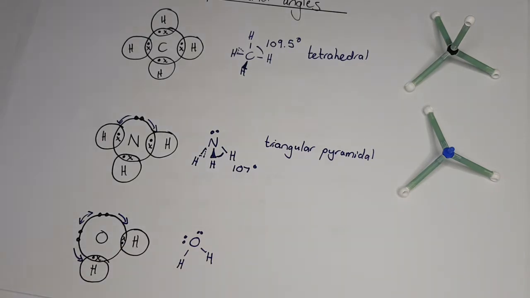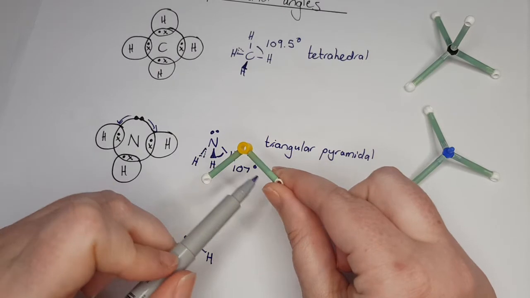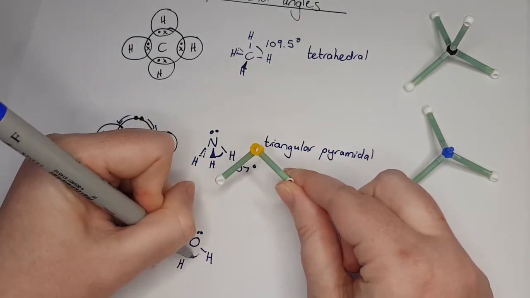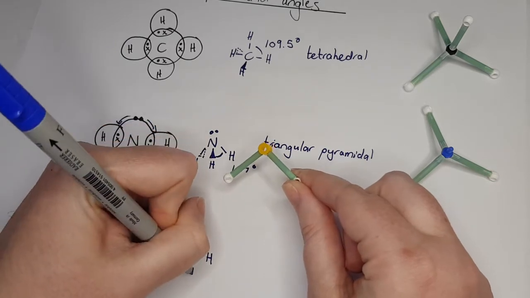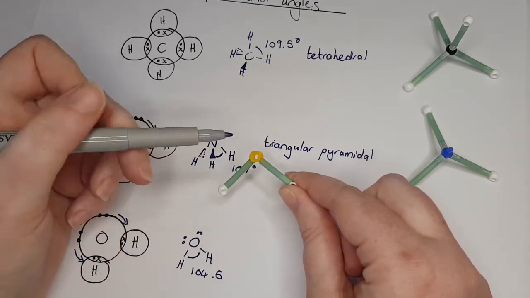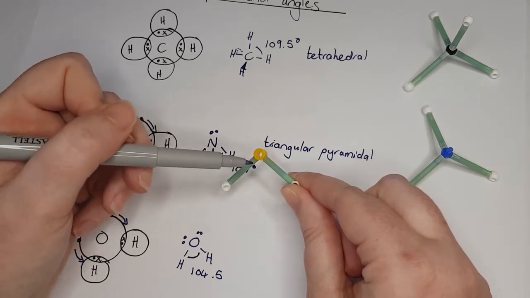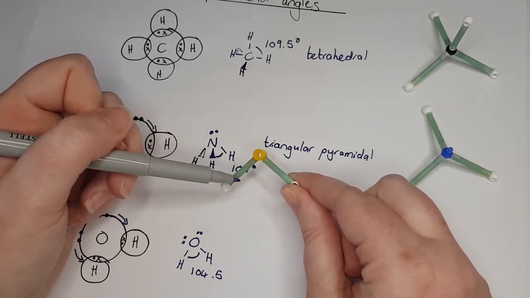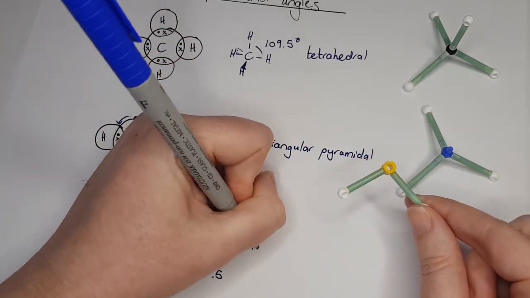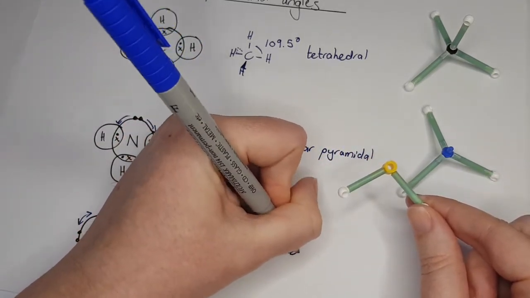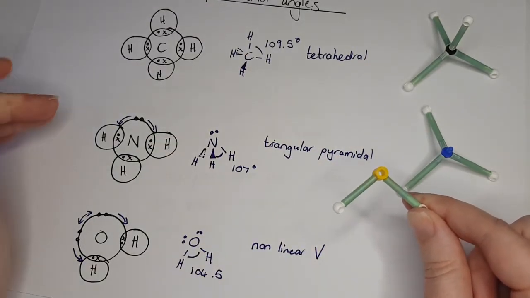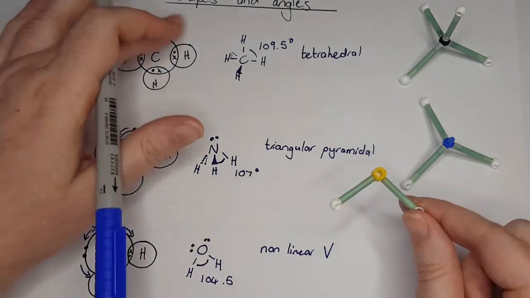So now that angle is going to be even smaller than the others, and the angle there is going to be 104.5. And now because there's only two of them and they're pretty close together, we talk about the shape being a non-linear V shape.